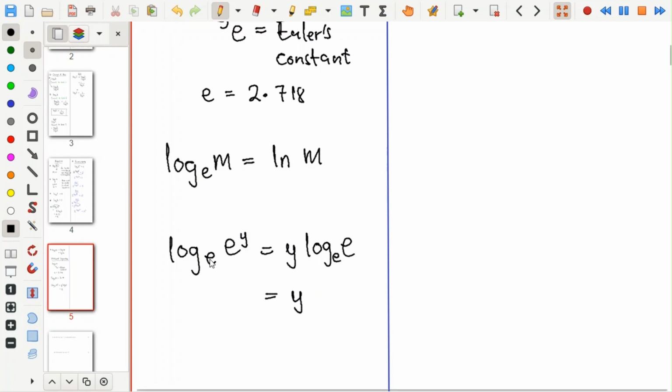Because any logarithm to the same base is 1. And you know that from the power rule, the power here will jump down and become your coefficient. And don't forget that this one can be written as ln e to the power y. So that's something little that I think you should know.